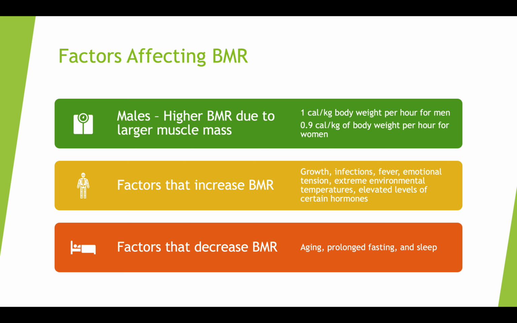So factors that increase basal metabolic rate: growth. If you're growing, you're burning up many more calories because you're metabolizing at a faster rate. When you have an infection and your body's working to get rid of it, your BMR increases. Fevers do that. Emotional tension and stress can do that. And extreme environmental temperatures.